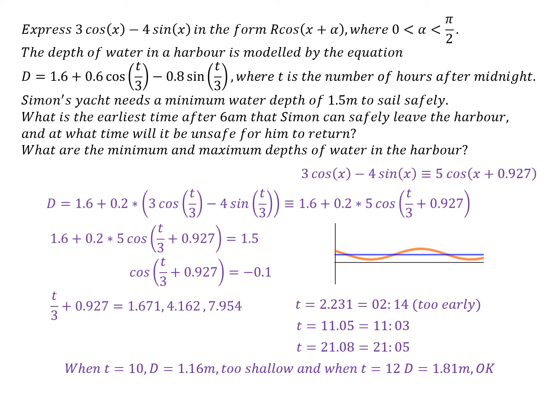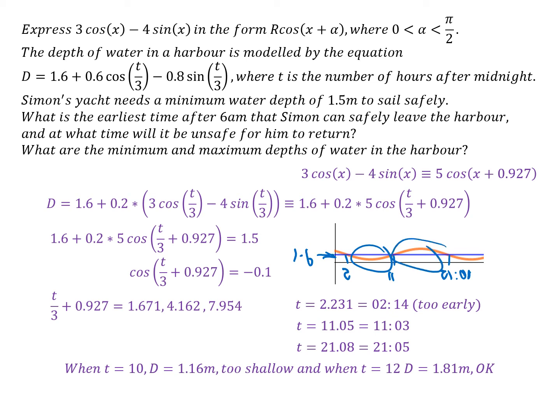So the picture, if you like, of the depth of water in the harbour for that first 24-hour period looks a bit like that. The middle point here, that's 1.6, and then the water's going up and down. We've got 3 times here, 2 o'clock in the morning, 11 and 2100, and go out too early, he's going to be in trouble.